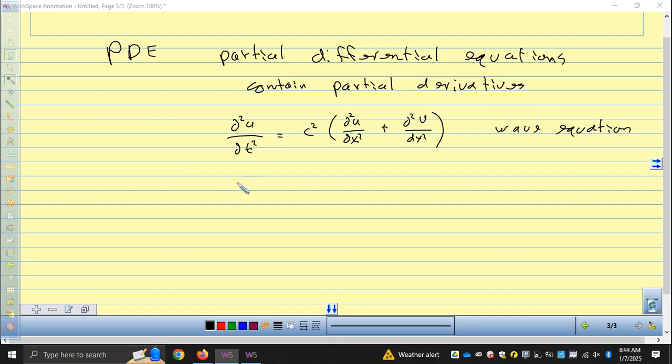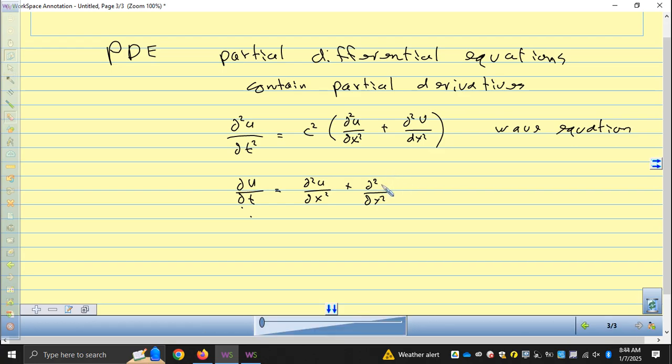The heat equation is similar, but we just have a first derivative on the left-hand side. And that partial differential equation is the heat equation.